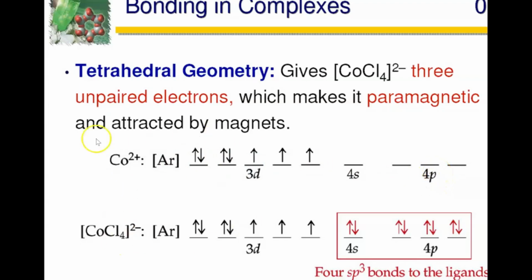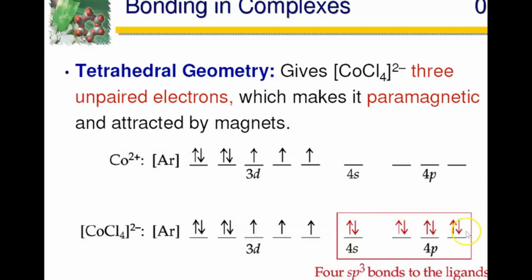Then for the second one, we draw the cobalt complex with the addition of the 4 Cl ligands. Each Cl ligand carries 2 electrons to form a bond with the cobalt metal, so with 4 Cl ligands we have 4 bonds.